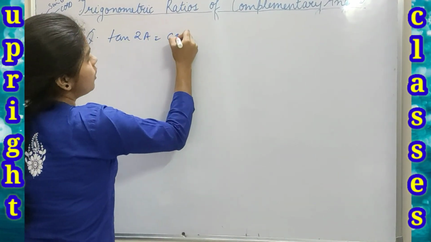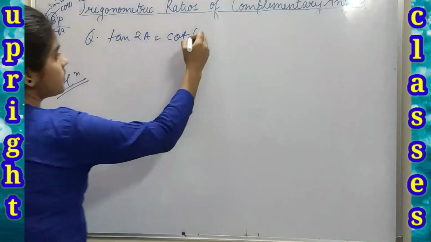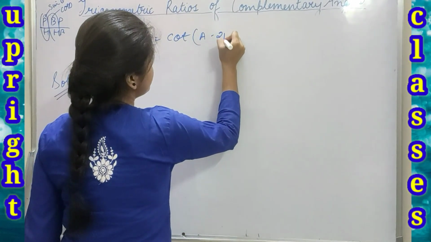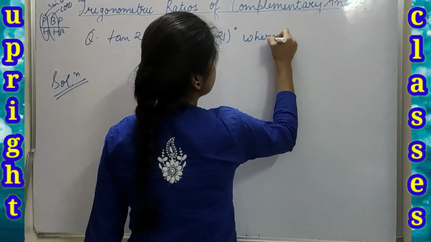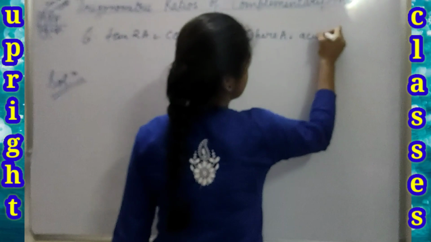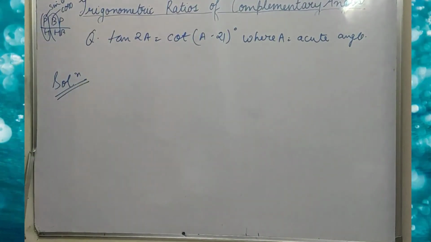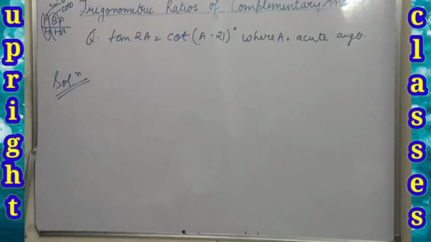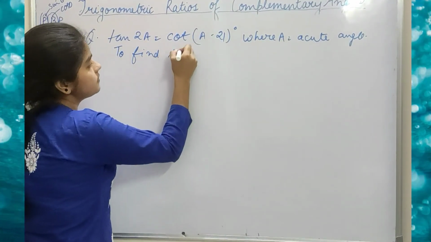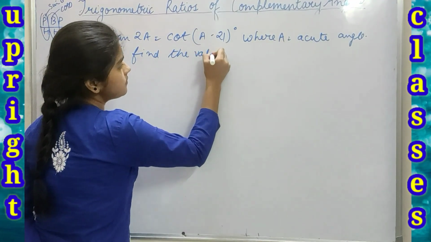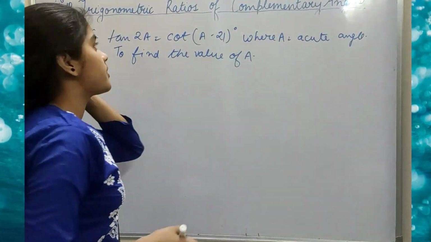Tan 2A is equal to cot of (A minus 21 degree), where A is an acute angle, okay, and you need to find the value of A. How will you solve this question?